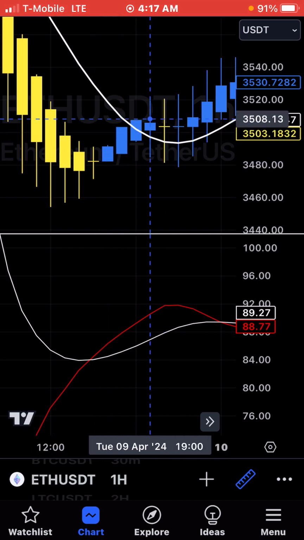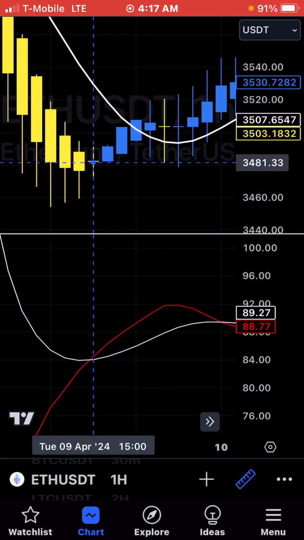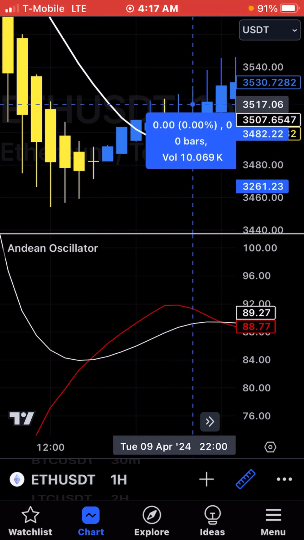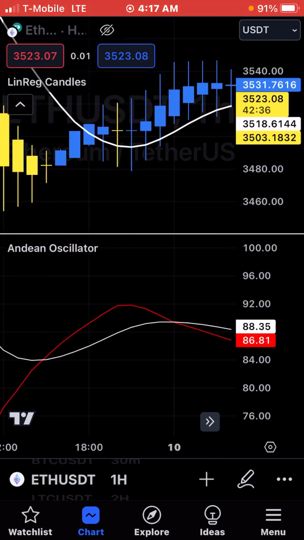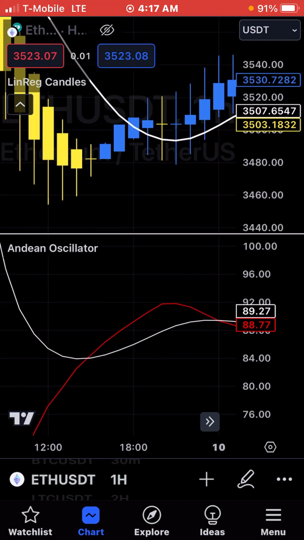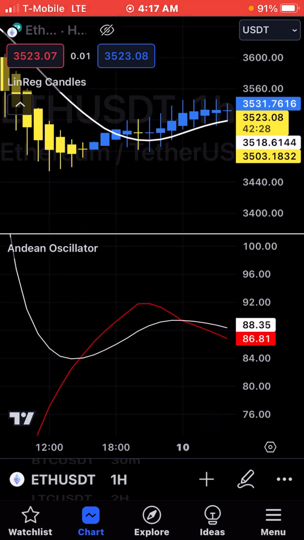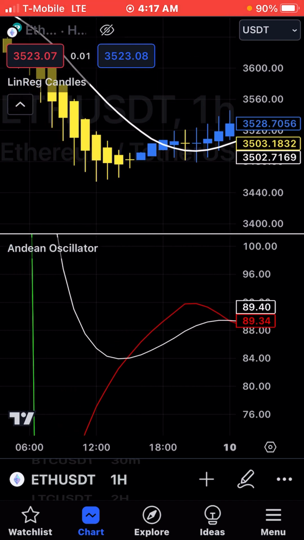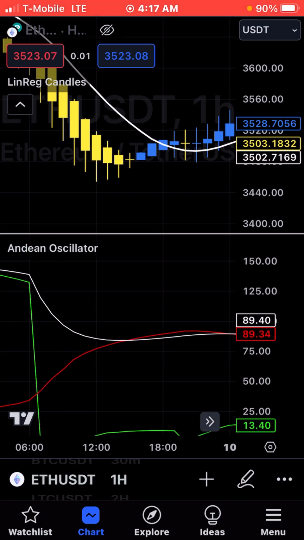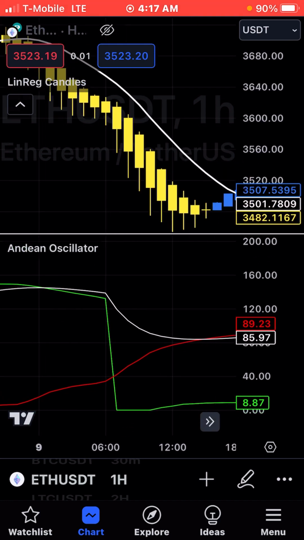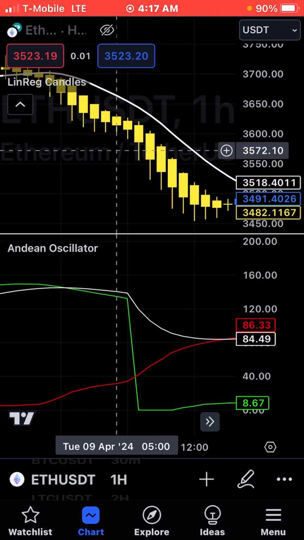So this is not a good trade right here because the red line is showing you that it's a bearish movement, but it's going up. So it doesn't always work. You got to be cautious of that. But let's look at another one, see if this works pretty well. It's not a 100% strategy, so just keep that in mind. No strategy is 100%.